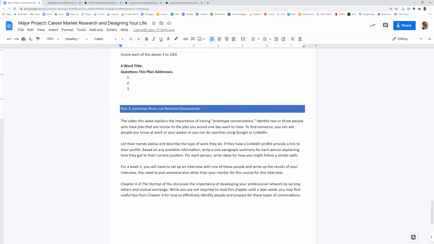This is not necessarily a mentor. This is someone who knows the field. They're going to give you market research information. They'll say, if you want to be a doctor, here's what you have to do. If you want to be a college professor, here's what you have to do. You're trying to get a reality check by talking with this person.